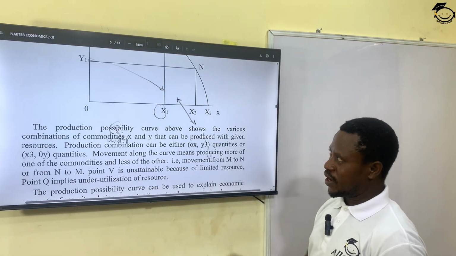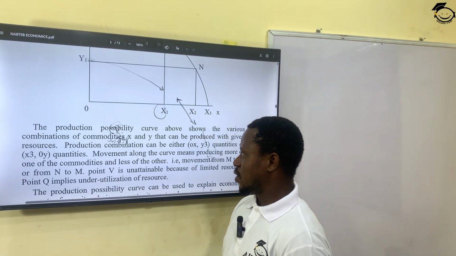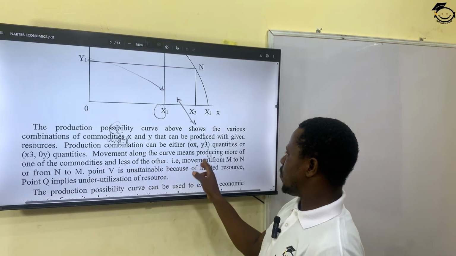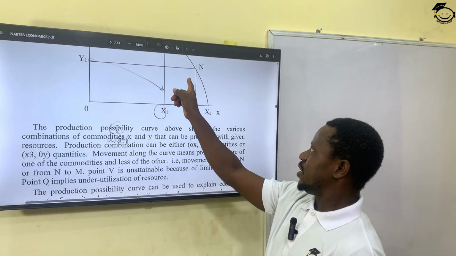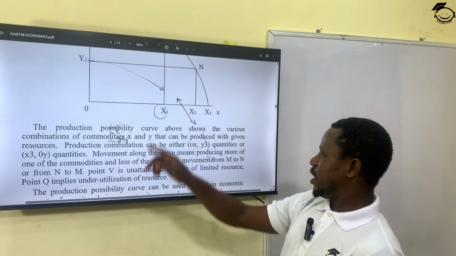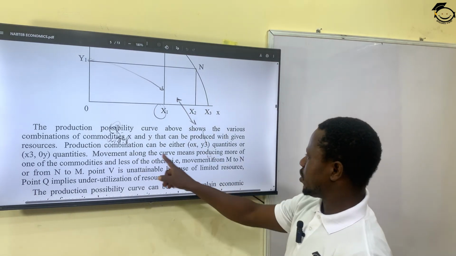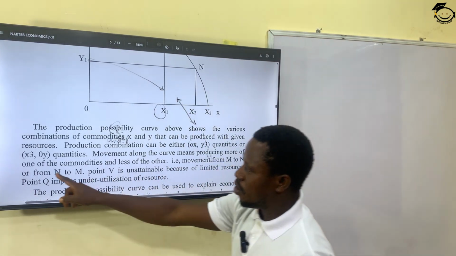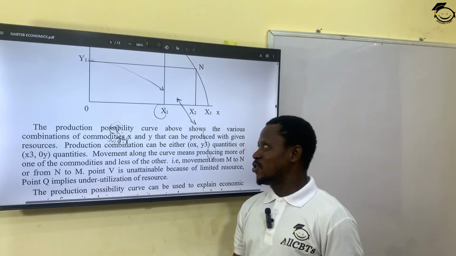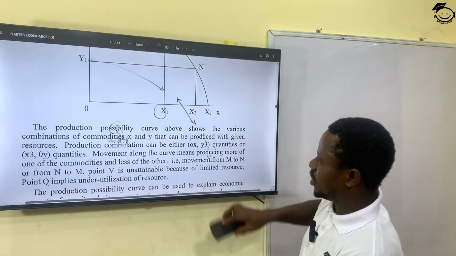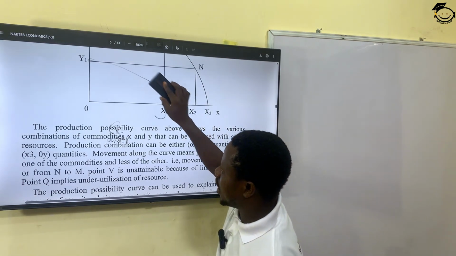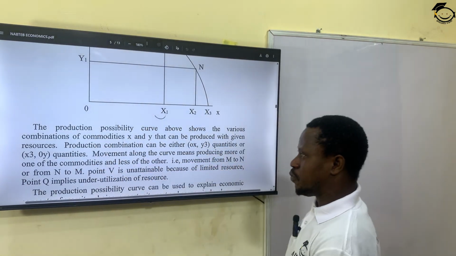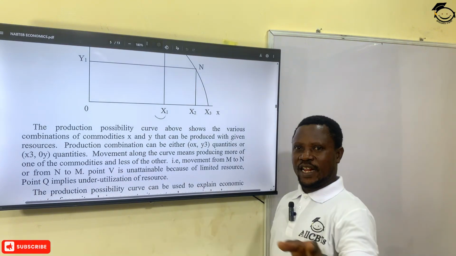If you are seeing the curve, you can check it after my explanation. The movement along the curve, like I said earlier, either from M to N and thereabout, means production of more of one commodity and less of the other. I just demonstrated it to you now when I used that arrow to explain it. It means you produce more of a particular product and less of the other.